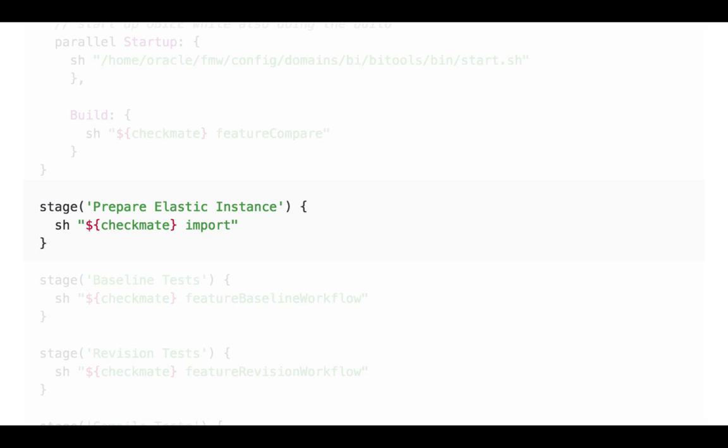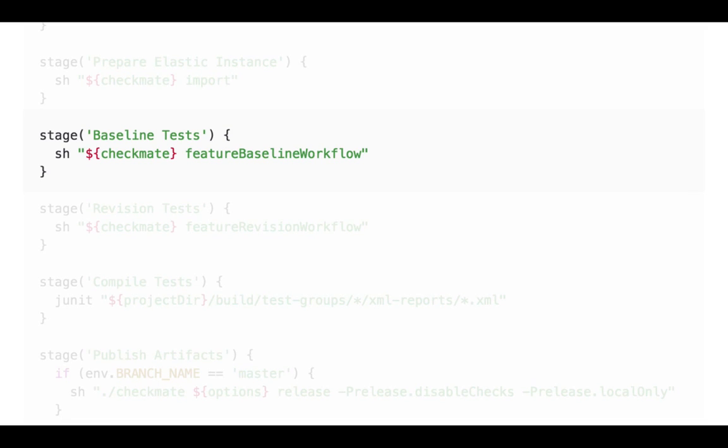But this stage is specific to our cloud offering with our hosted customers because we have a lot of different images of Oracle Business Intelligence that might spin up to satisfy this build. We have to do a few things to prepare it. And so without going into the details, we're just preparing an Elastic instance, which has been spun up and had no content. We're just seeding that instance so that it can satisfy this build.